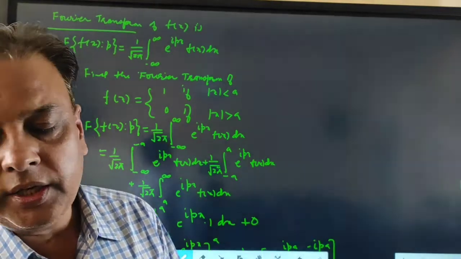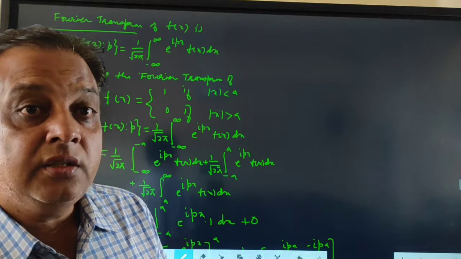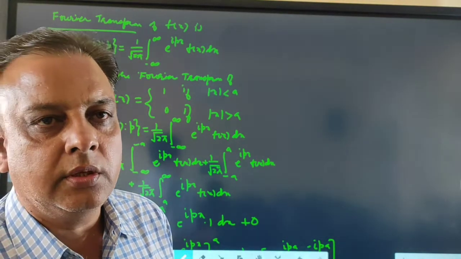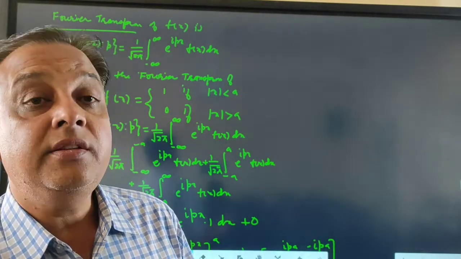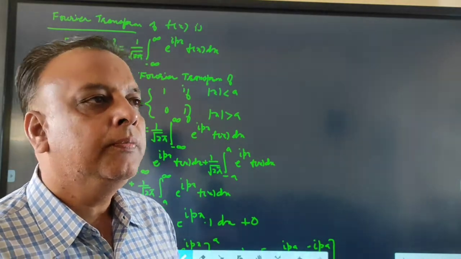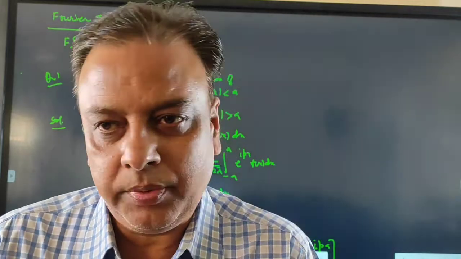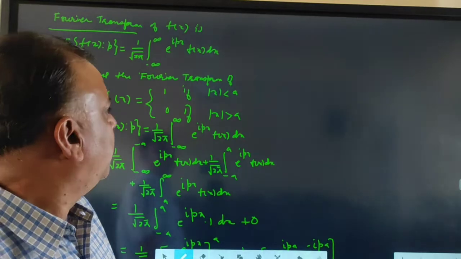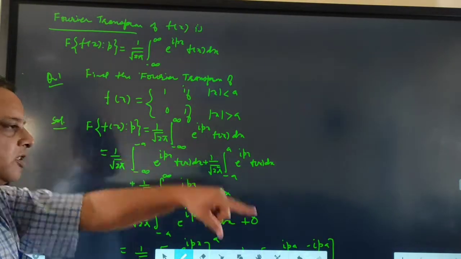That is, as the kernel of the Fourier transformation, some authors use only e raised to iota px. Some other authors also use the kernel as e raised to minus iota px. So here we use the kernel 1 upon root 2 pi e raised to iota px. So this is the Fourier transformation.